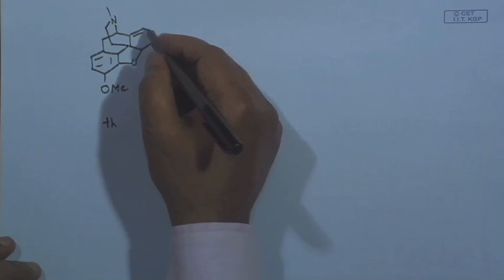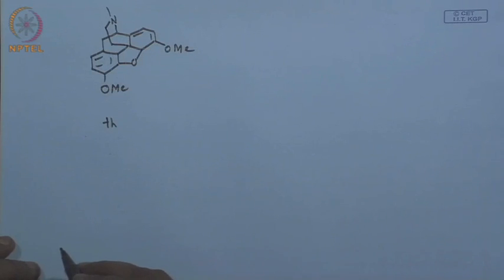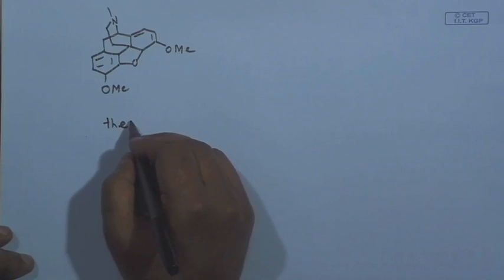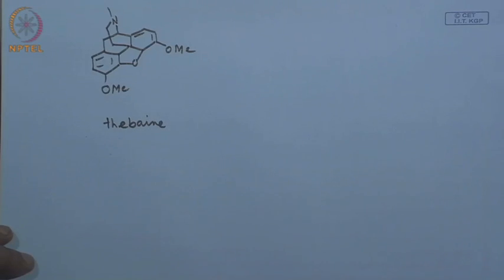Morphine can be viewed as a phenanthrene, and it can be viewed as an isoquinoline. See, benzene, then this ring is isoquinoline. Morphine biosynthetically is produced from an indole alkaloid also. This is thebaine. Okay.